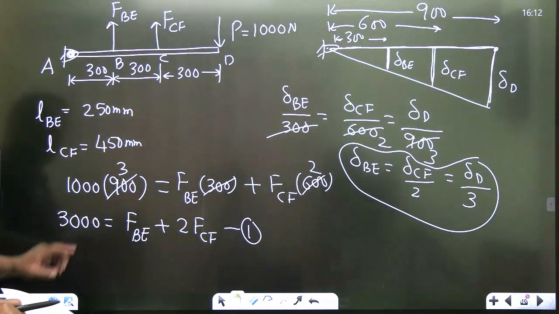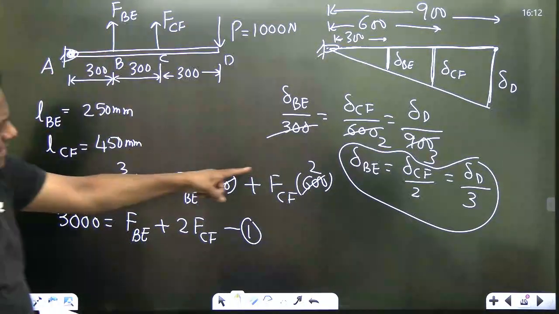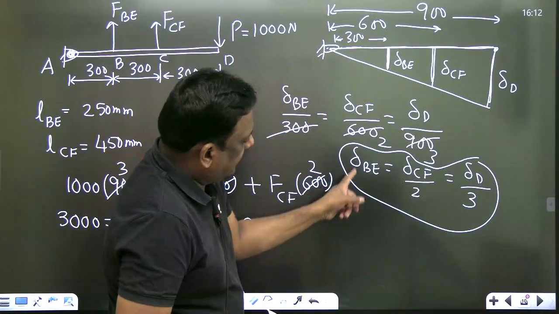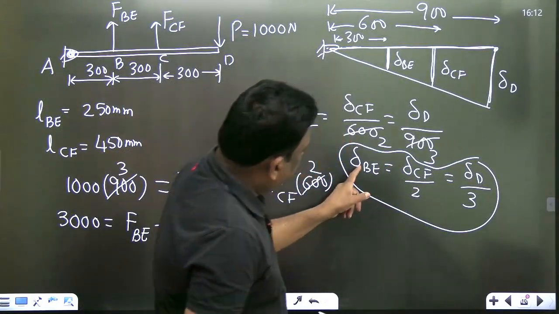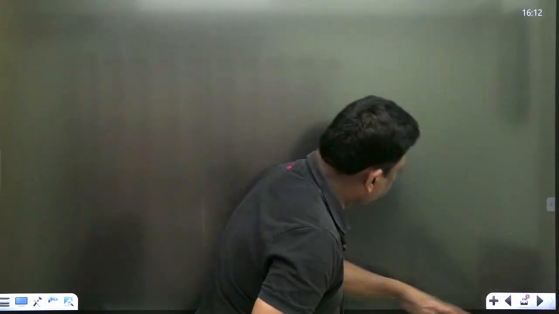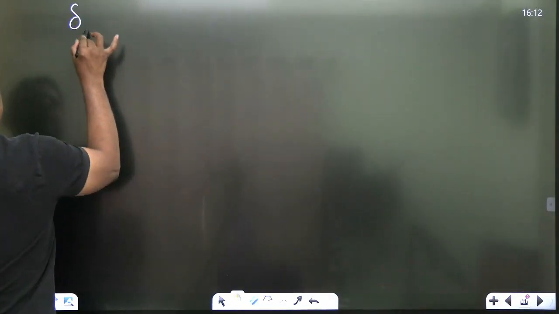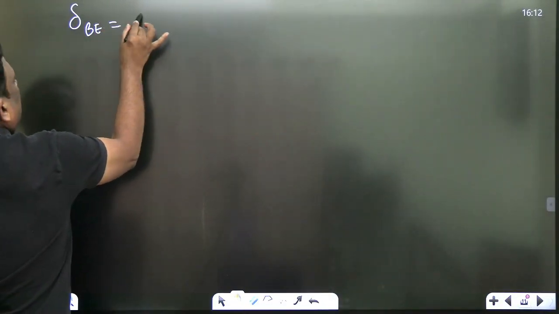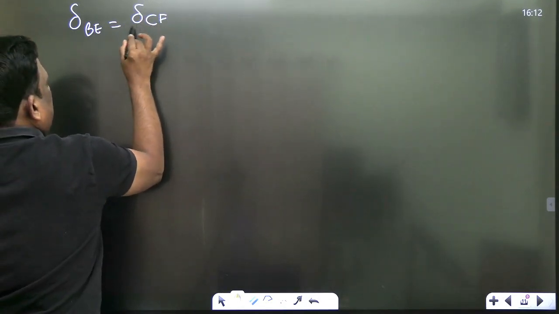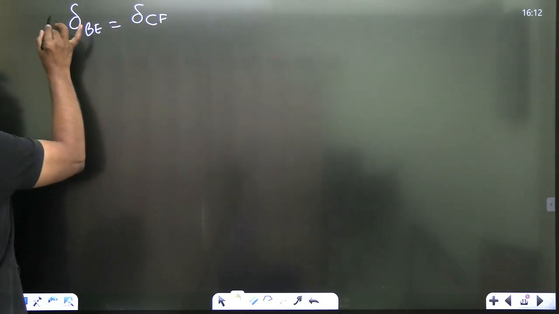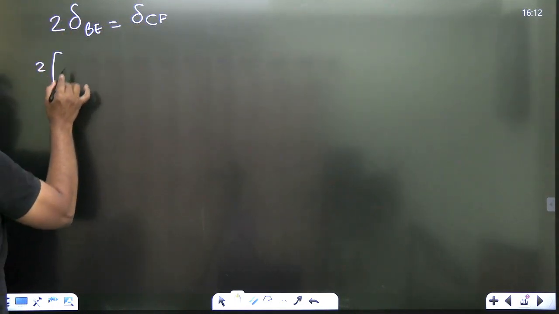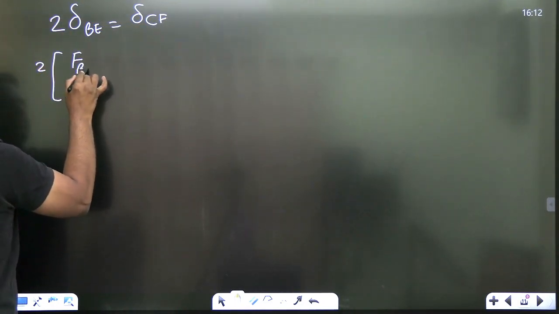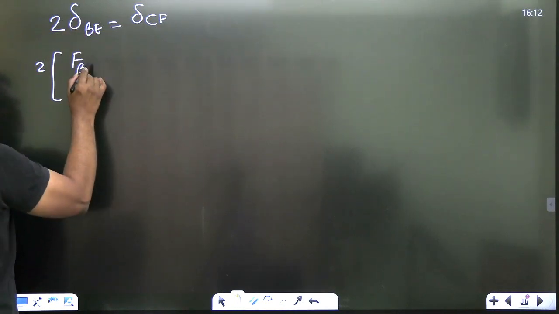Now one more thing. There is a relationship between them, which we will take to the next slide. Delta BE is delta CF by 2. So I will take the 2 to this side, so 2 into, what is the deformation? PL by AE.